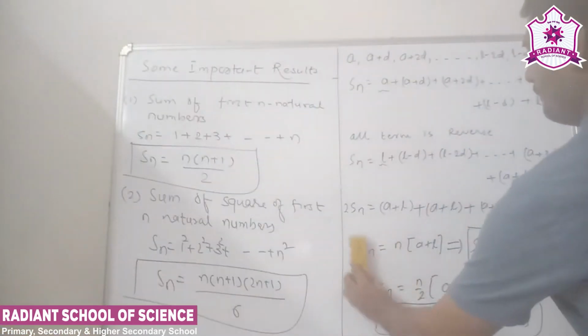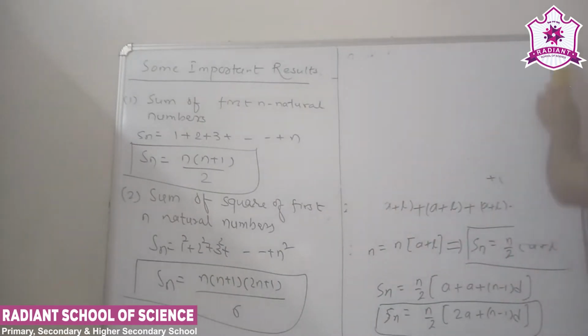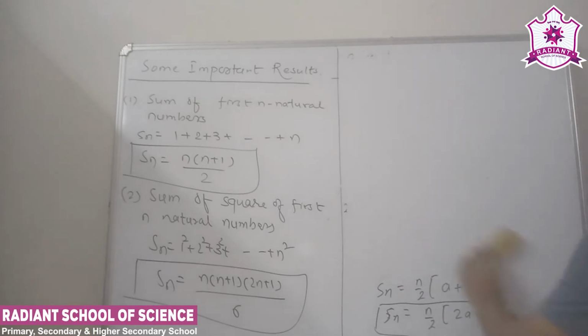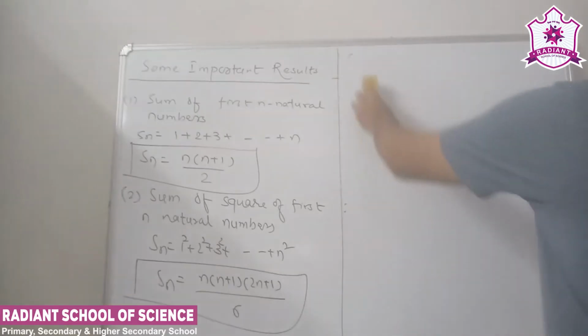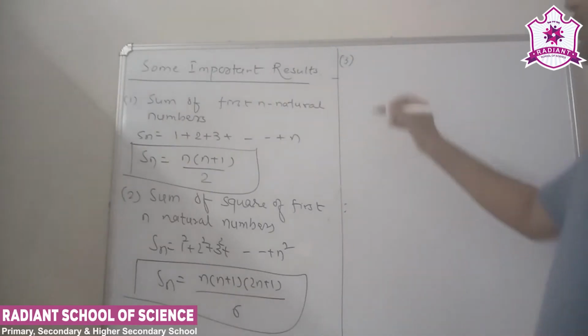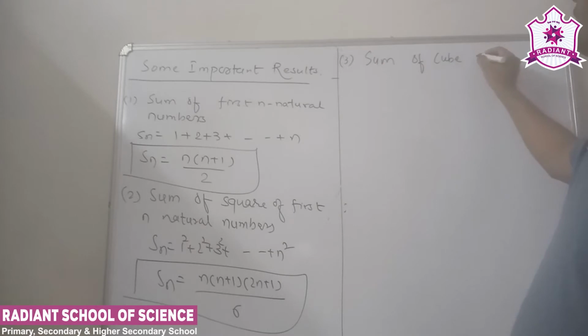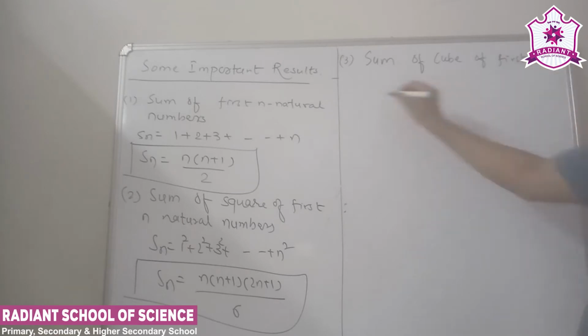Third, the sum of cubes of the first n natural numbers.